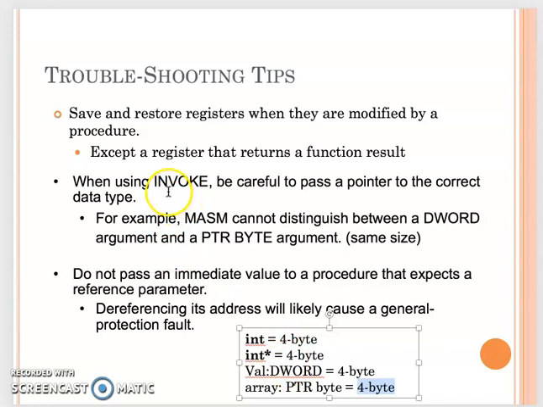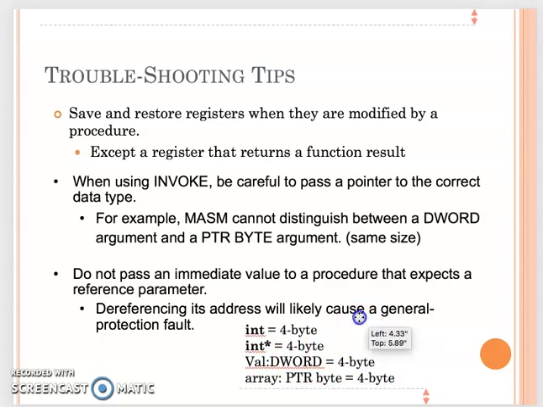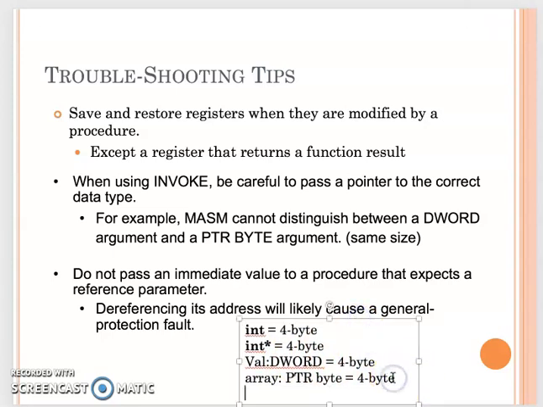So that's why when you call invoke, you need to be really careful when you're passing a pointer to the correct data type. So that's one thing: I'm expecting a byte pointer, but if you give me a data value that is D-word, when they see the 4 byte, they just treat that as 4 byte. Or you have another array, you want a double word array, so you say the PTR is D-word.